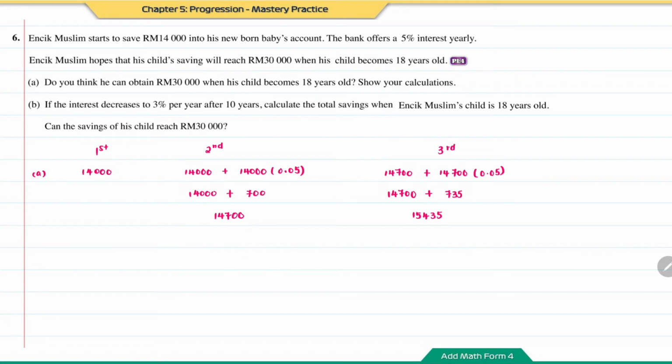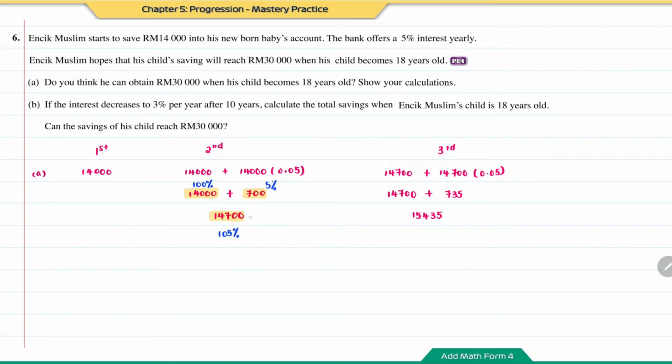So now let us try to find the patterns here. Now from the second year, this 14,000 which is coming from the first year is actually the 100% amount. And this 700 is the interest of the 5%, which means this 14,700 is 105% compared to the amount in the previous year.